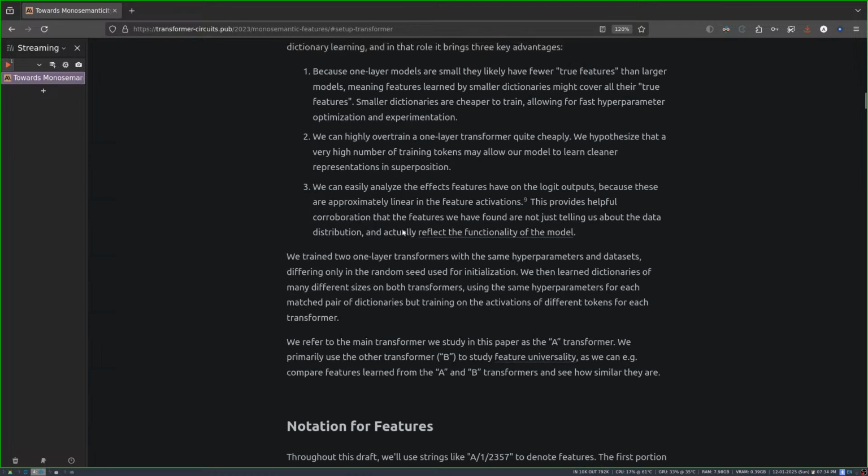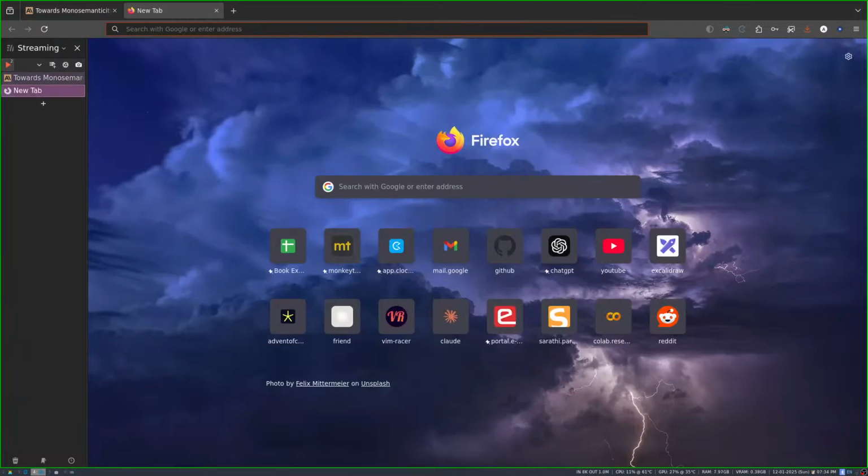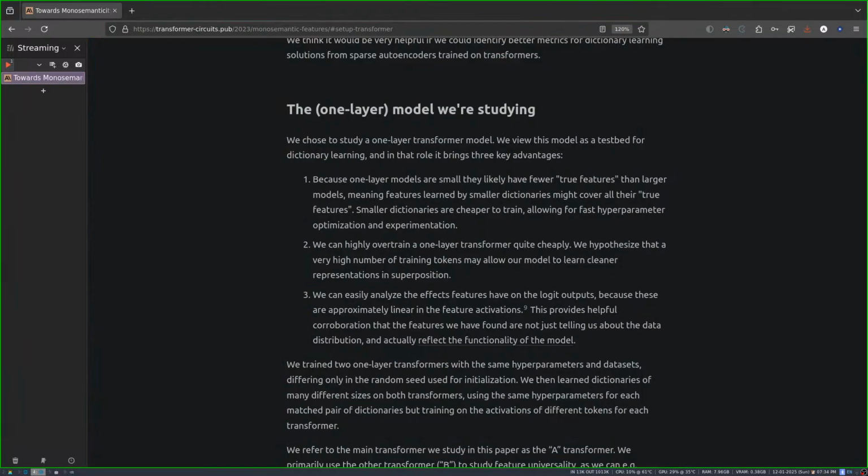Is this thing open source? Maybe not here. We'll go here.